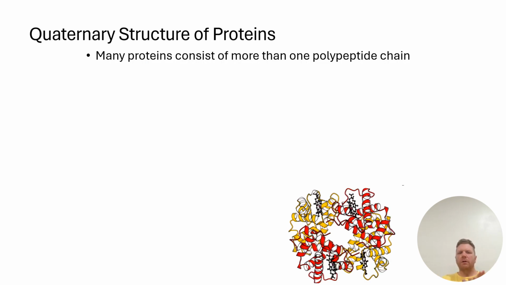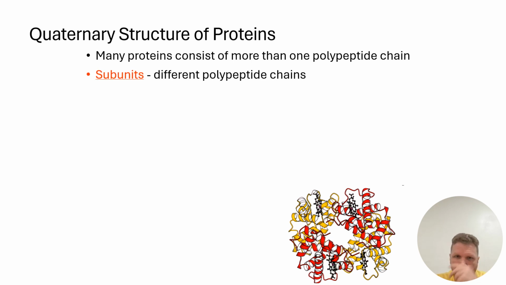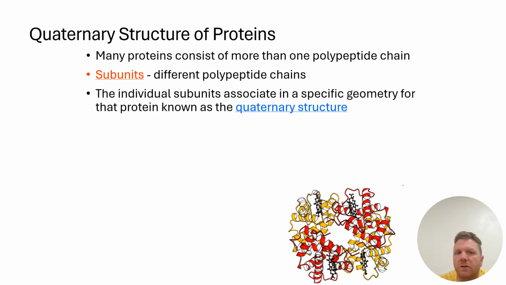Now, the next level and kind of your final level of protein structure is the quaternary structure of proteins. Many proteins consist of more than one polypeptide chain. These polypeptide chains have multiple subunits. There are different polypeptide chains. The individual subunits associate in a specific geometry for that protein known as its quaternary structure.